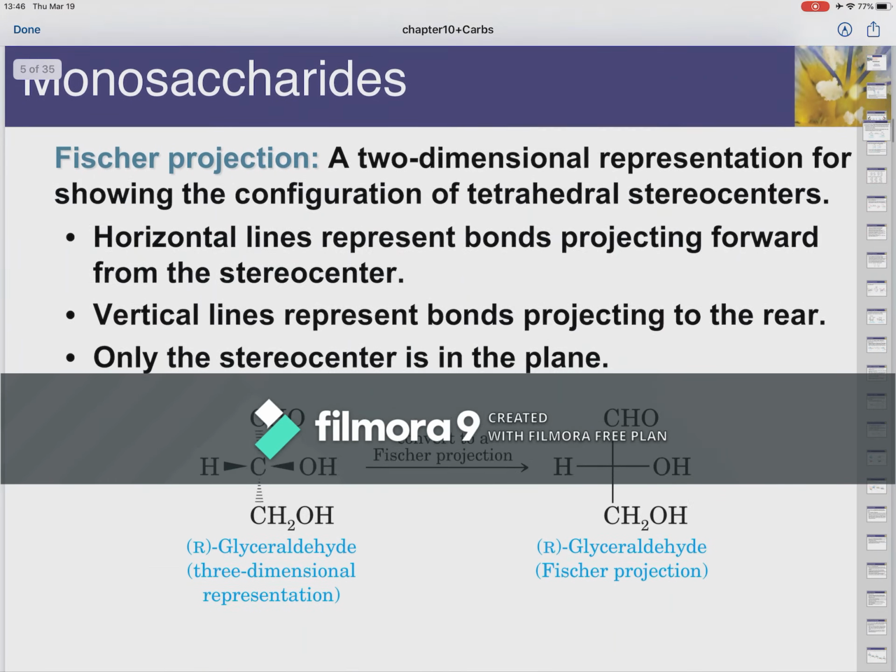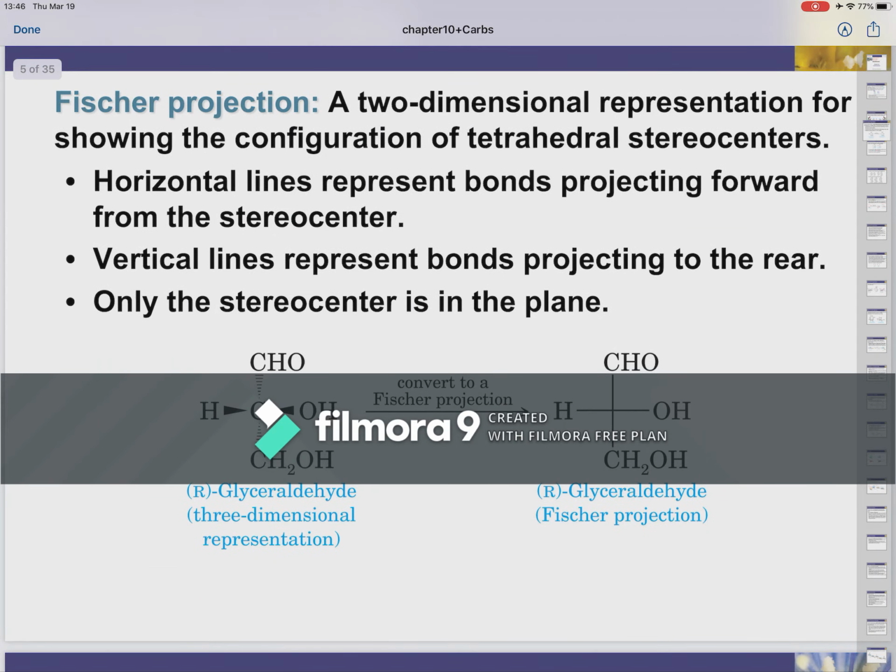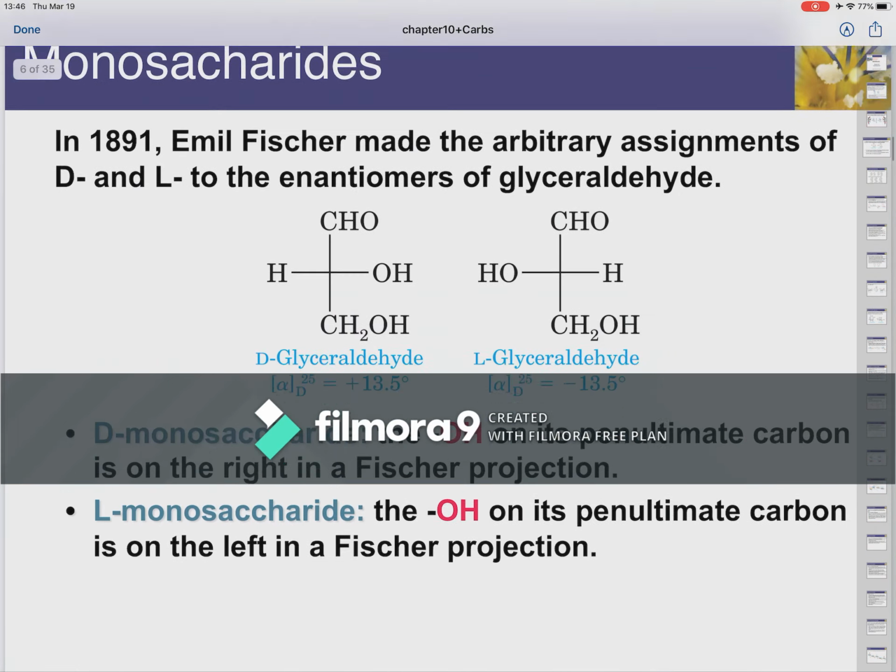Fischer projection. So the Fischer projection just takes this drawing and turns it into something where we do not have to use the forward and backwards arrows. It's implied that the horizontal lines are going forward, so these would be the dashed wedges, and that the verticals are going backwards. So it's just like this other picture, except a little easier to draw.